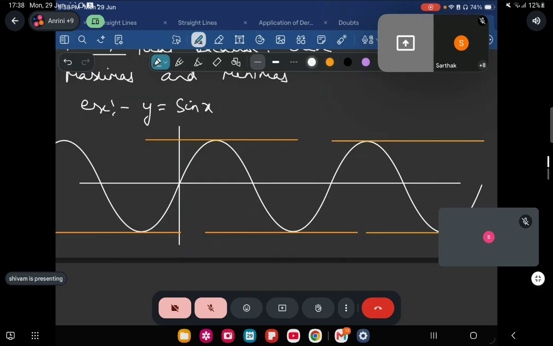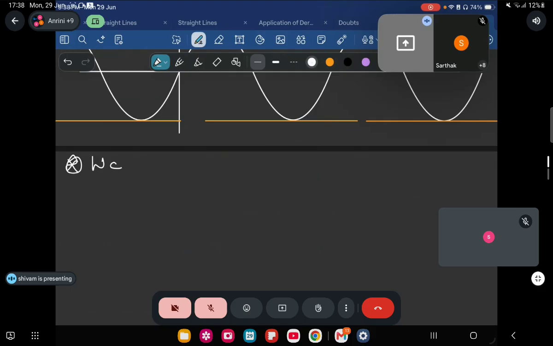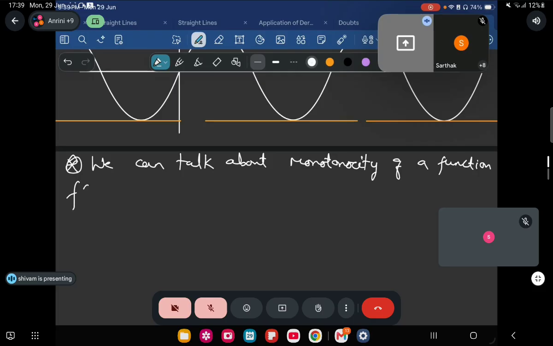Yes. Next, we can talk about monotonicity of a function f of x at x equal to a, only if x equal to a is in the domain, without any consideration of continuity or differentiability.